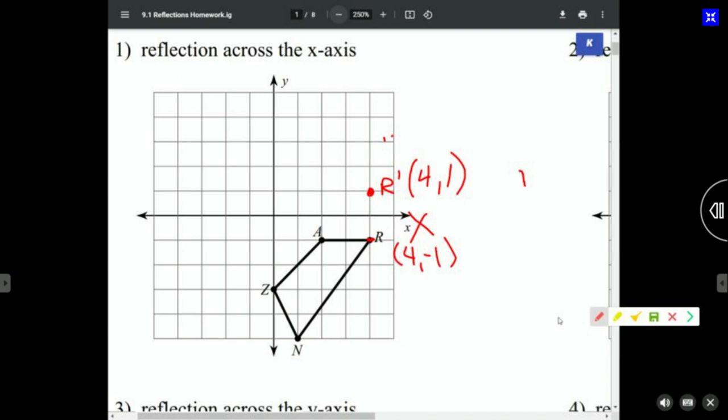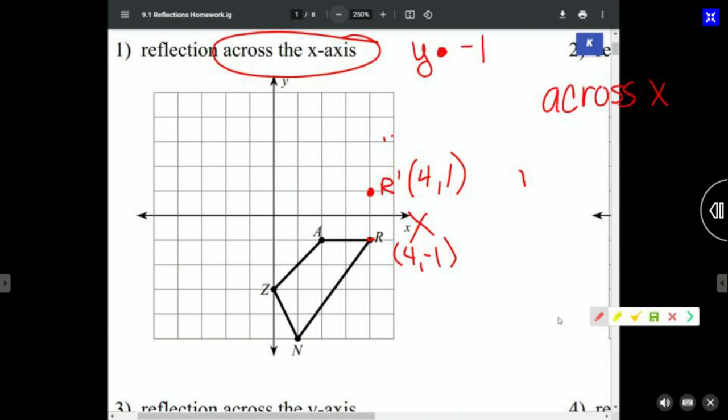The y became a negative, right? So when I flip across the x-axis, when I see these words, I've got to do y times -1. When you flip across x, all you have to do is y times -1.